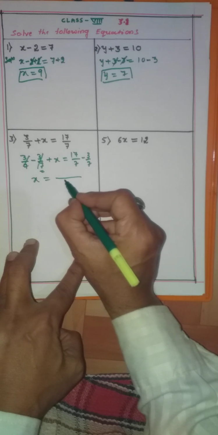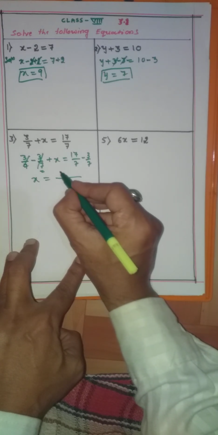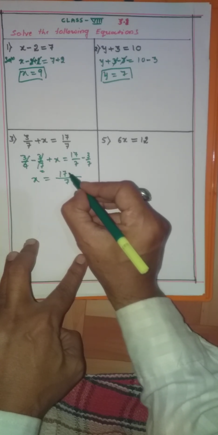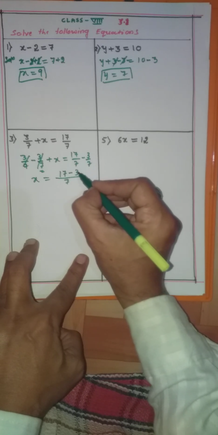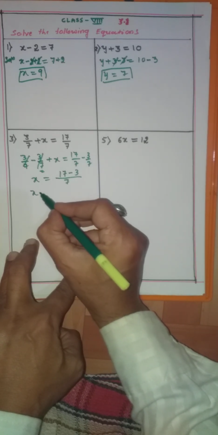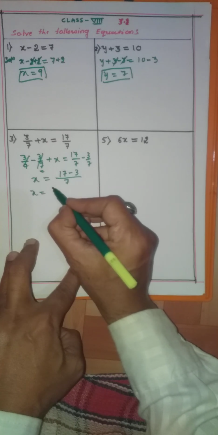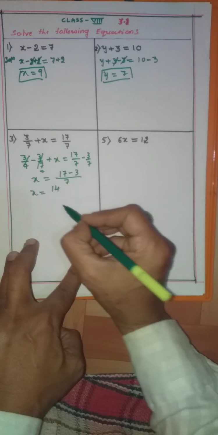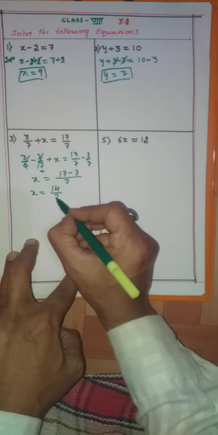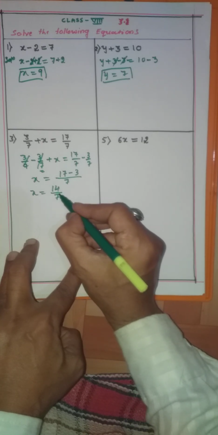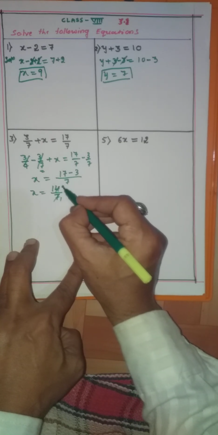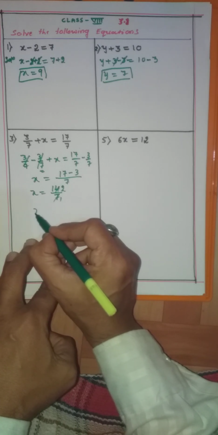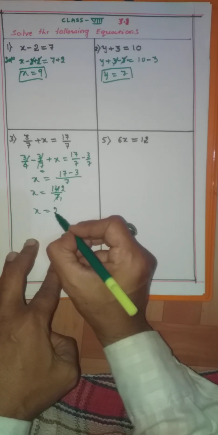LCM is 7, 7 is the LCM. 17 minus 3. x is equal to 17 minus 3 becomes 14 by 7. 7 1 is 7, 7 2 is 14. Therefore, x equal to 2.